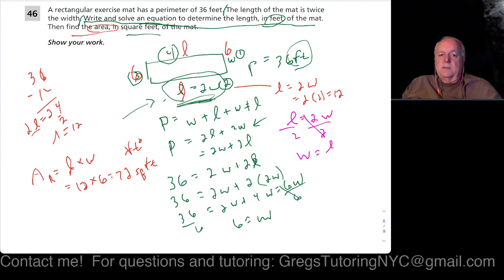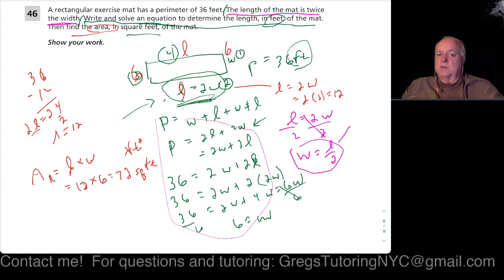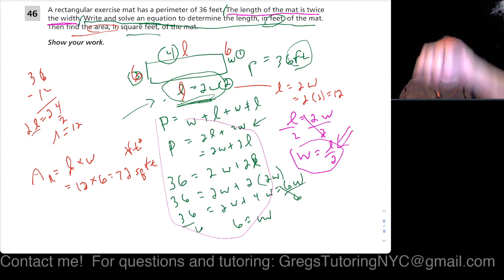This fuchsia here is actually another interpretation that says the length of the mat is twice the width. That means half the length is the width. So we could have solved all this using this here. I'm going to leave you guys to do that as well. That's an exercise for the viewer.